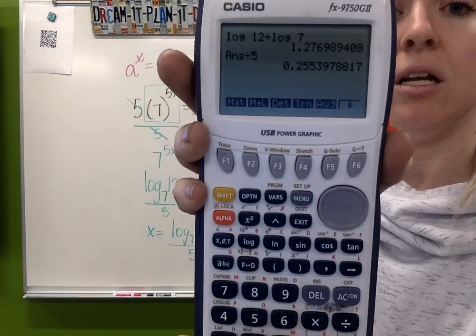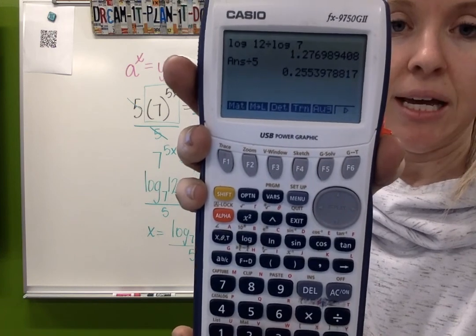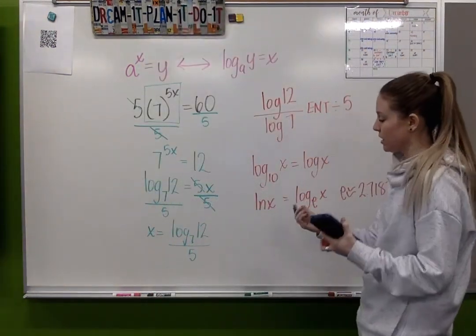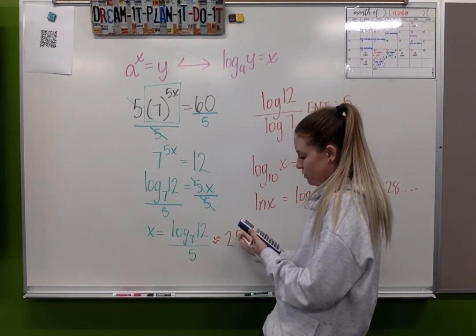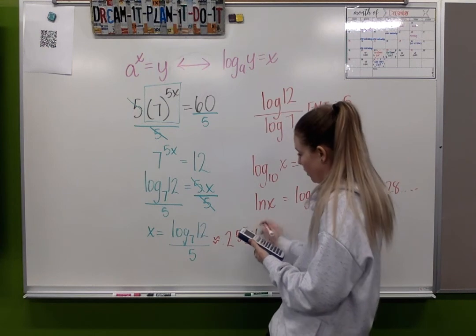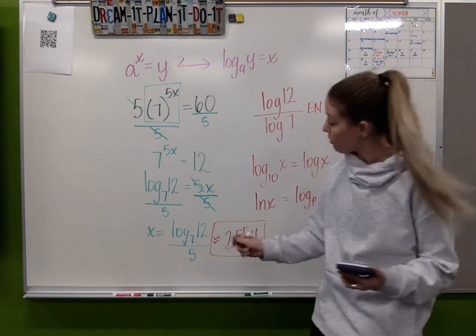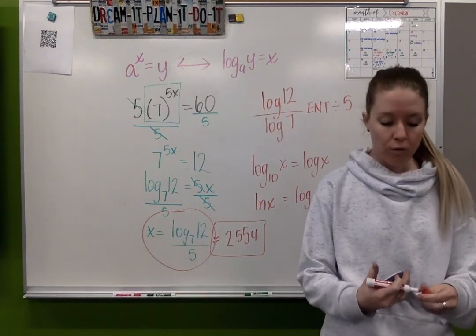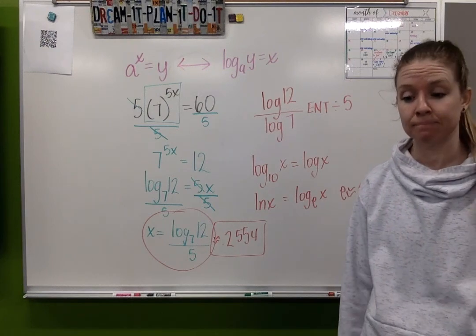So my answer here, x, is about 0.2554. All right, if we're just solving for x, we can leave it here. But as we move forward, we've got to know how to plug it into a calculator, so I'm just going to give it a try.